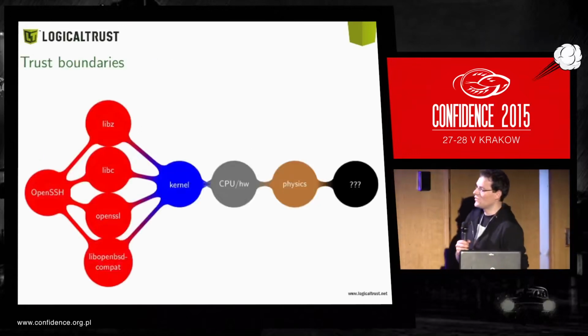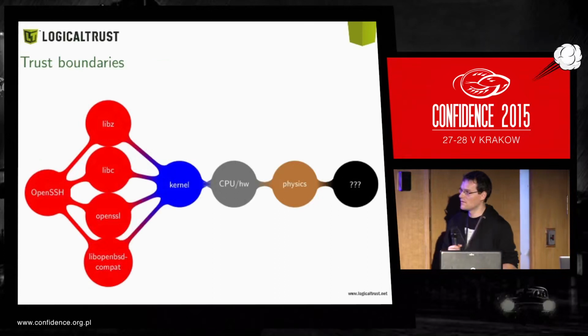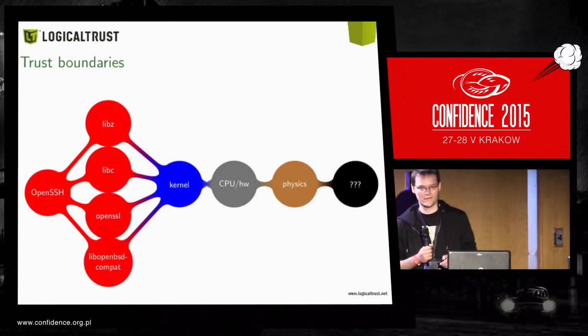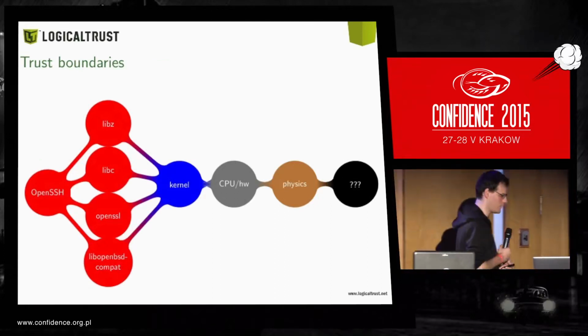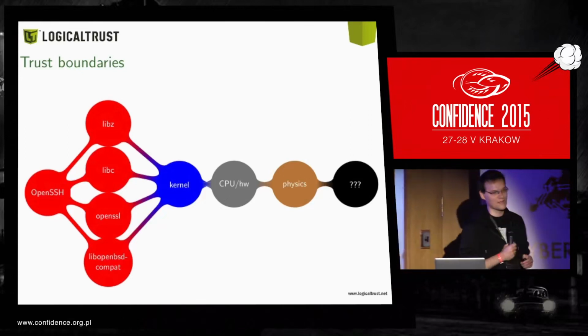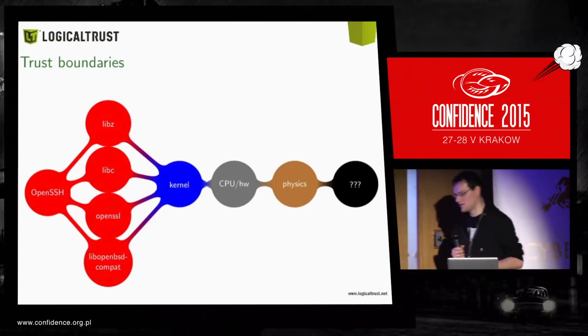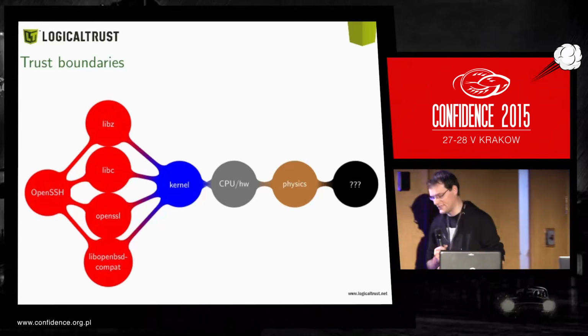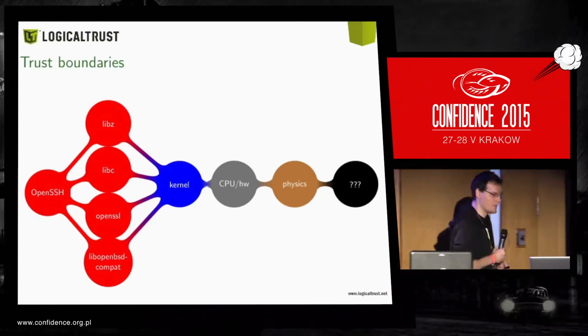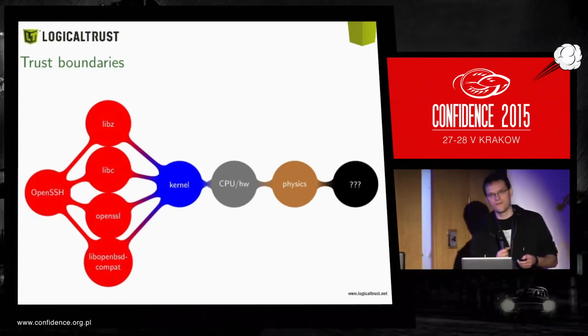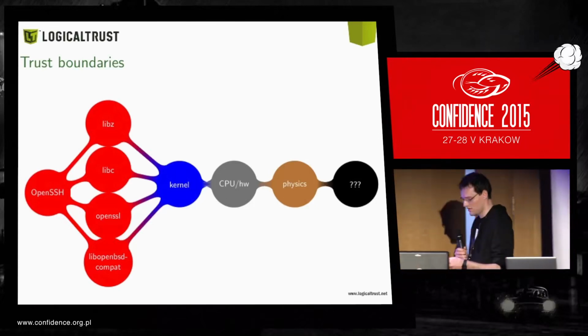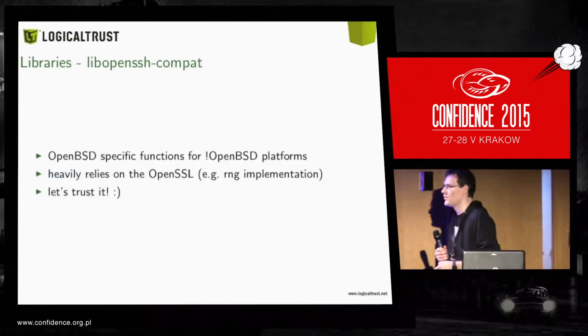By the way, we have only 4 libraries on this slide, because those 4 libraries are used directly, but in an indirect way, if you look at Debian, for example, there are nearly 15 libraries used indirectly by OpenSSH.